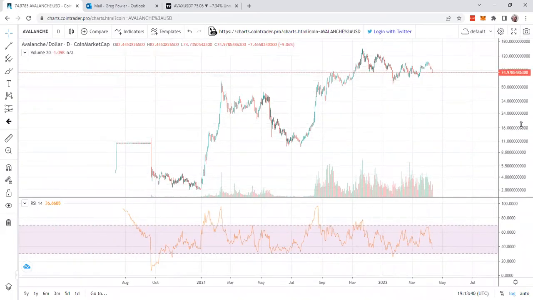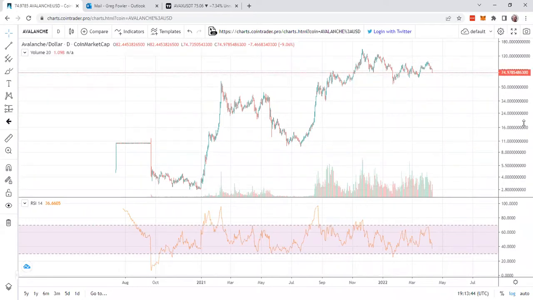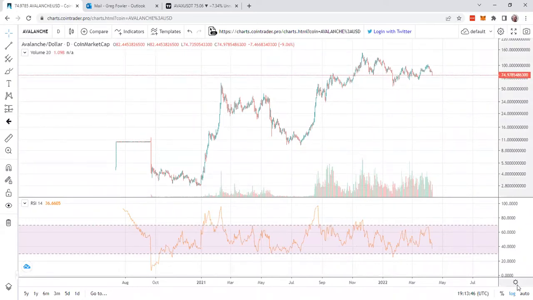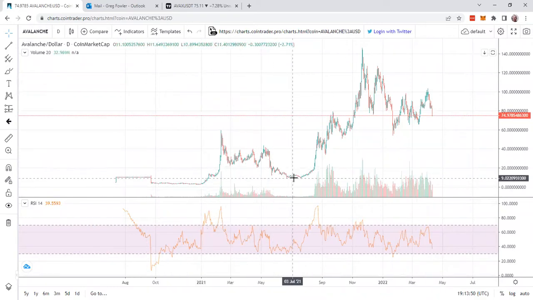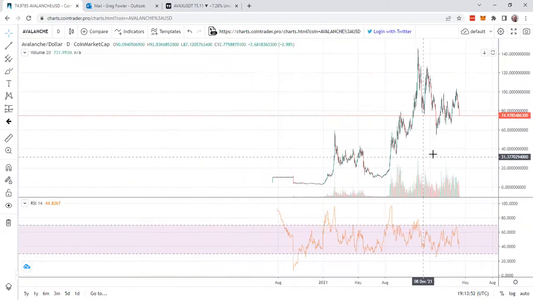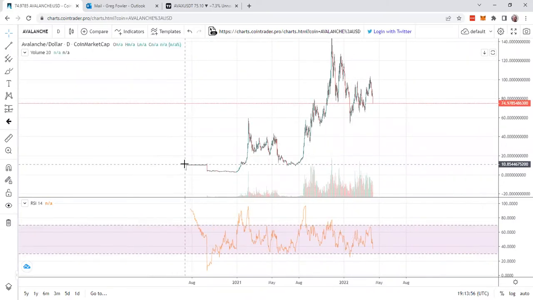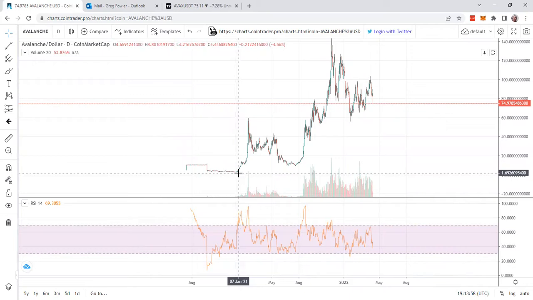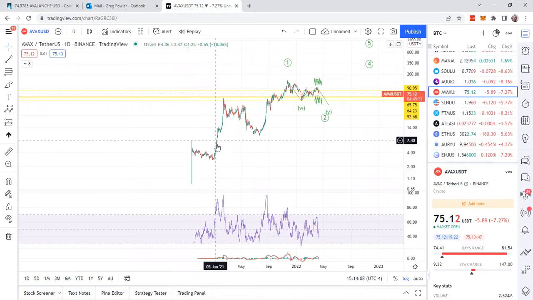Let's see here. One, two. Let me see. The data goes all the way out to 2020. Can't really count that. So January of 21. January of 21. Okay, yeah. So that's where it started.